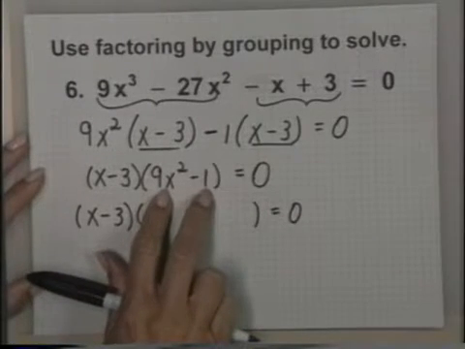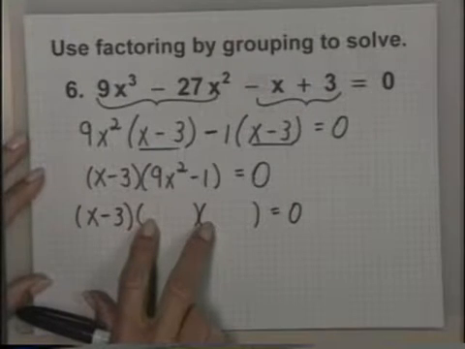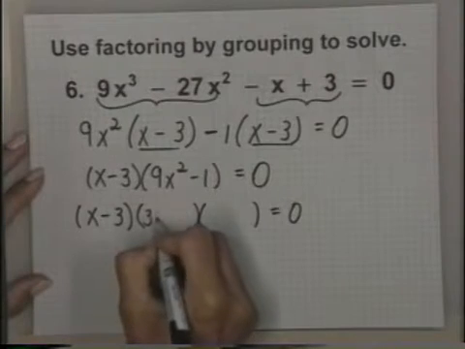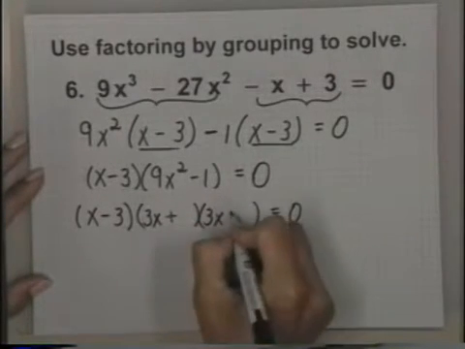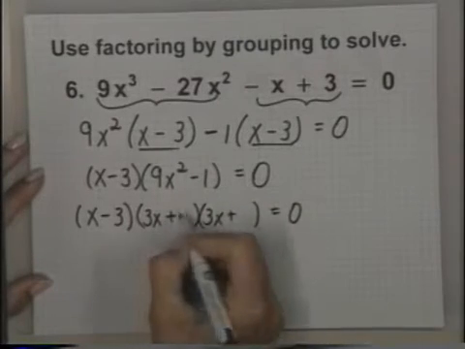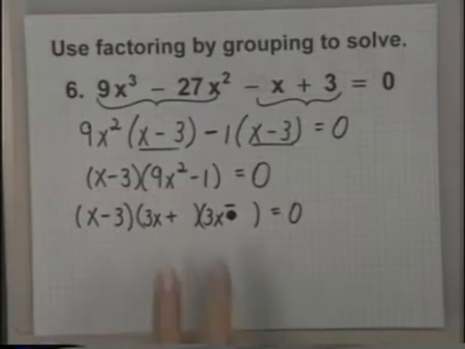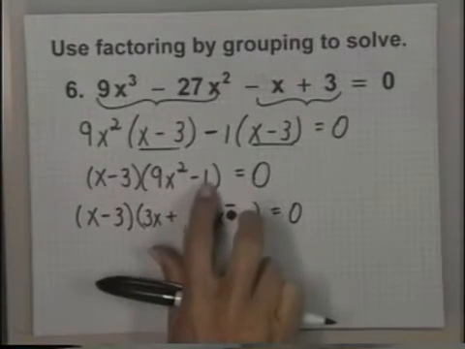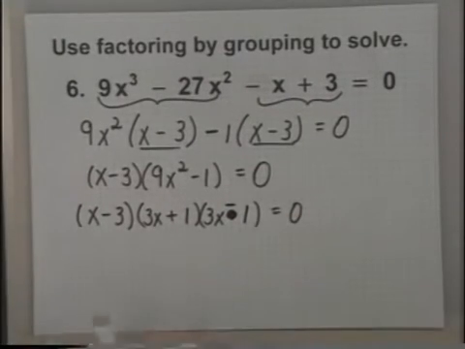Remember, when we factor the difference of squares, our first terms in our factors would be what we squared to get 9x squared, and of course that would be 3x, wouldn't it? And of course we have a positive sign and a negative sign. We have opposite signs, and then of course the second term should be what we squared to get 1, and of course that is 1, isn't it?